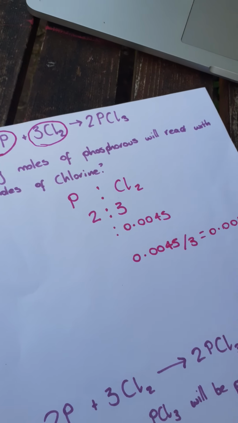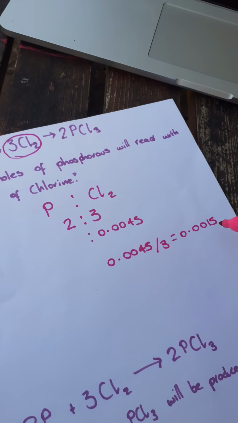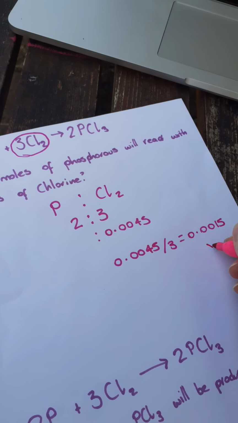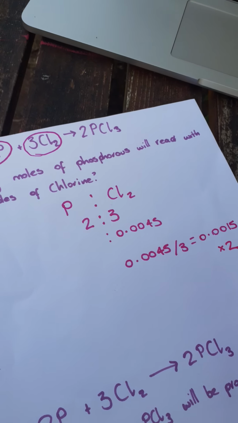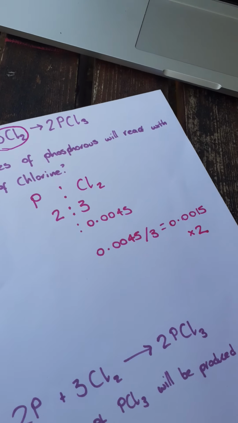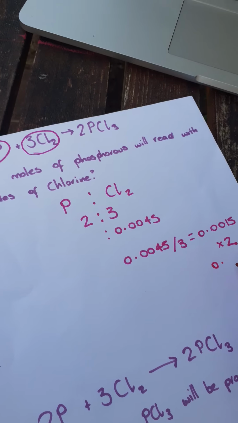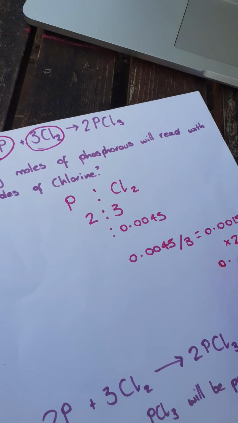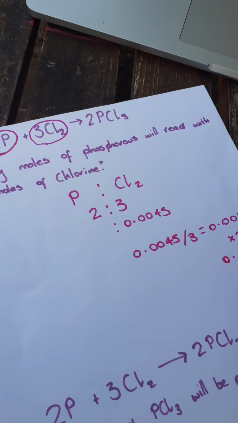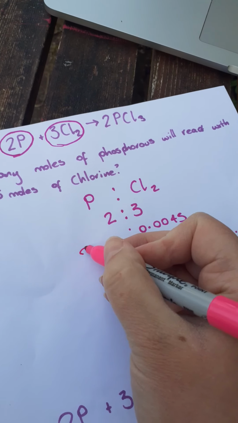So that's 3 times, so 1 would be this. We then need to multiply this by 2 to give us for our 2 moles. So 0.0015 multiplied by 2 is going to give us 0.003. And we can put that in here.